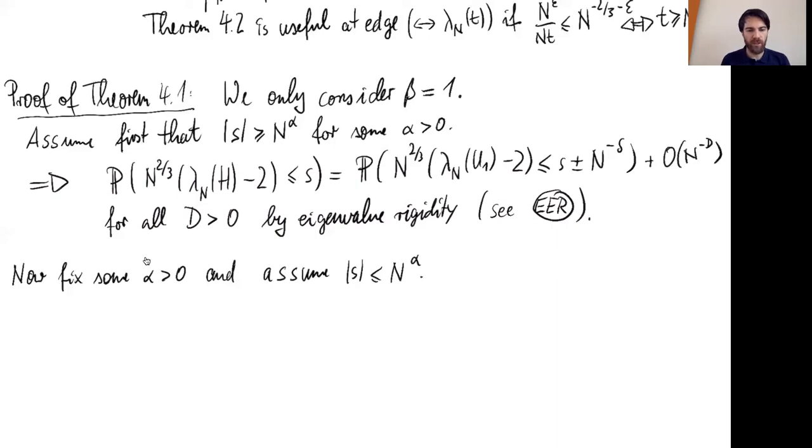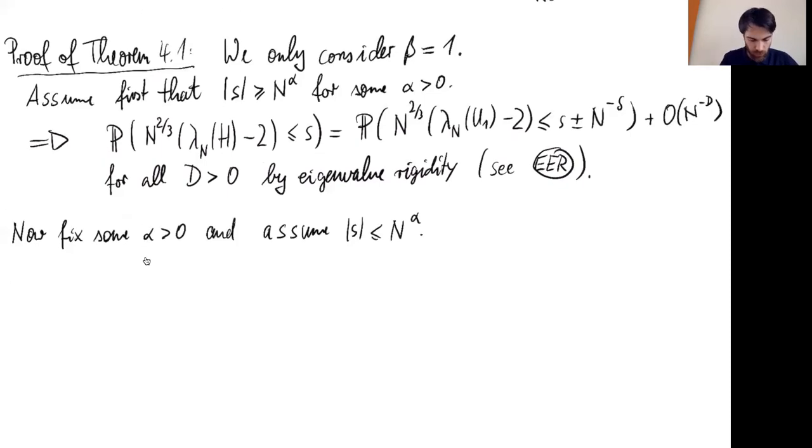And for expectations of test functions of eigenvalues, we will first use a moment matching theorem. Then later we will be able to use the matrix flow to achieve this kind of moment matching up to a sufficiently high order.